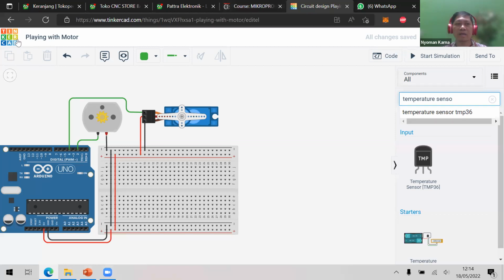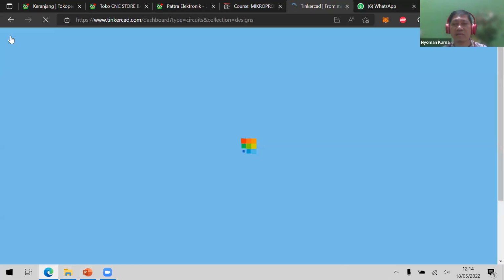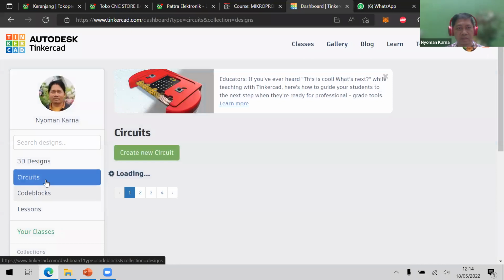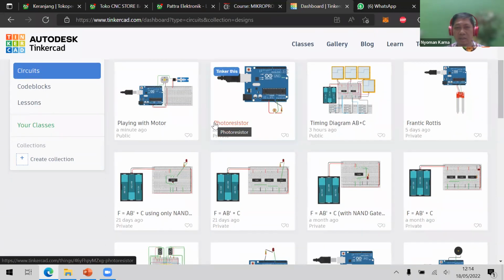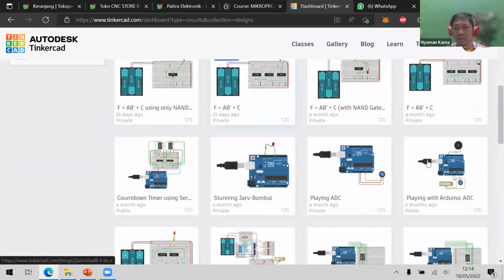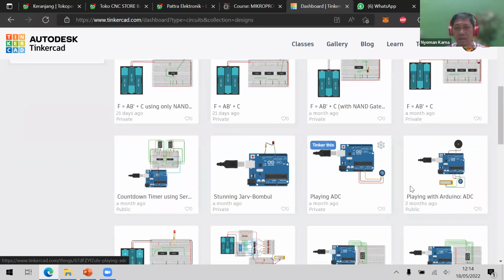Or you can try to find a specific circuit from my design. It's using the TMP36. Not this one.